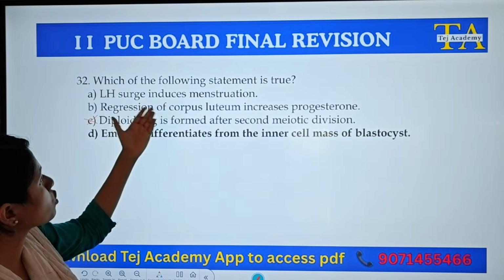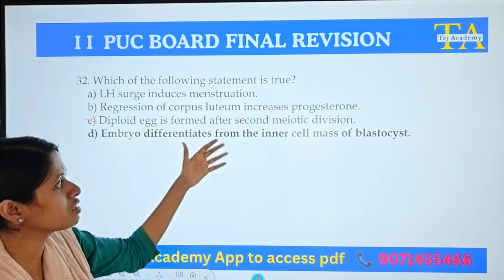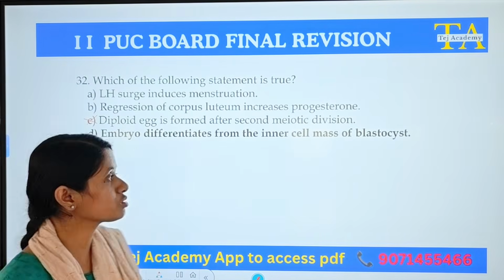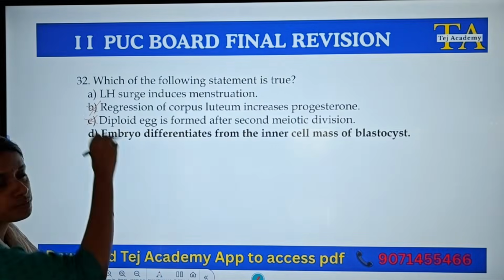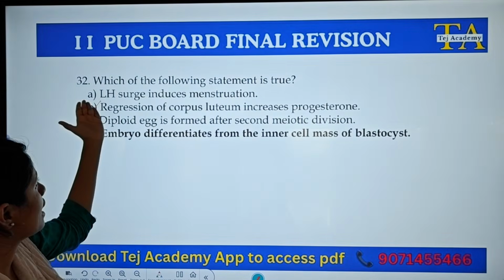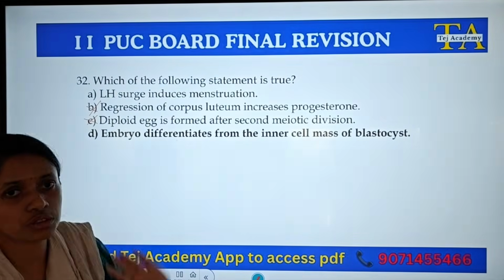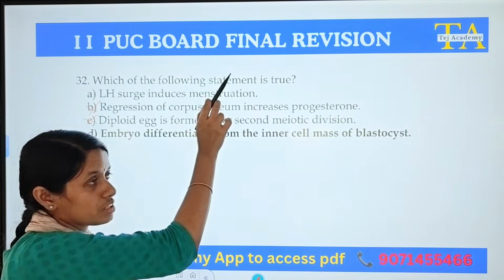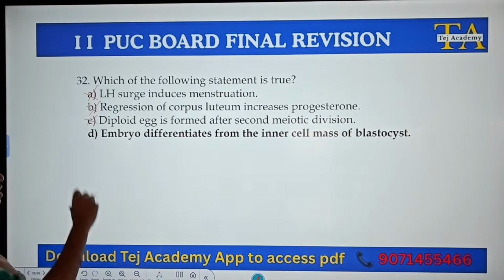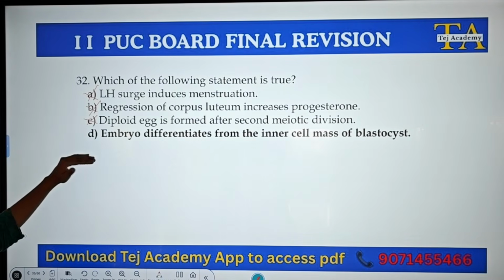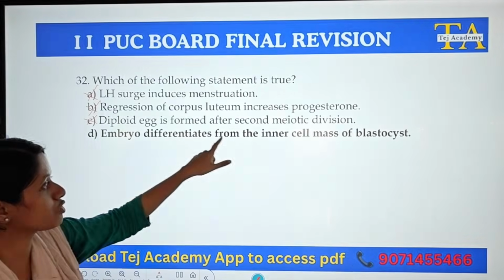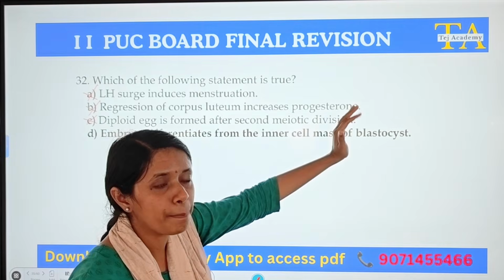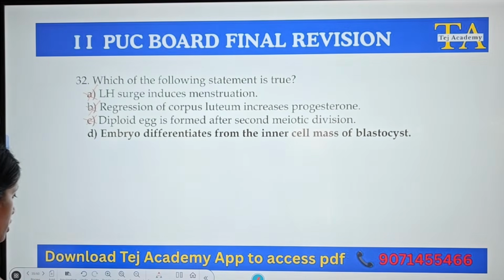Then if corpus luteum doesn't exist, how will it increase progesterone? So this statement is also wrong. And the first statement, LH surge induces menstruation. No, LH surge induces ovulation. So this statement is also wrong. So the only statement that remains is embryo differentiates from the inner cell mass of blastocyst, and this is the right statement.